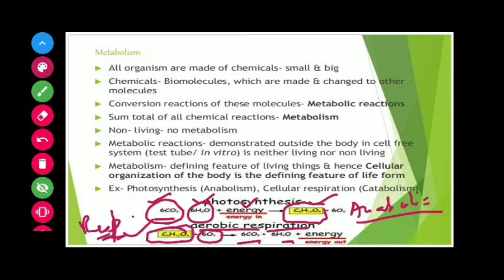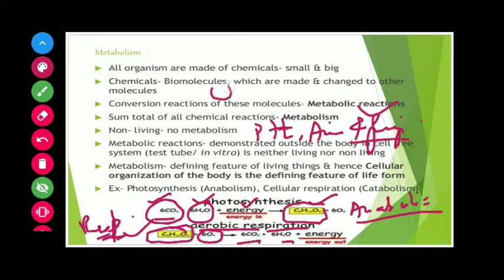आप समझिए, अगर कोई यूनिसेलुलर ऑर्गेनिज्म है या मल्टी सेलुलर ऑर्गेनिज्म है, दोनों के अंदर सारे मेटाबॉलिक रिएक्शंस टेक्स प्लेस करेंगे. In multicellular organisms, whether it is a plant, animal or fungi, they have metabolic reactions occurring in various systems as well as within the cells.